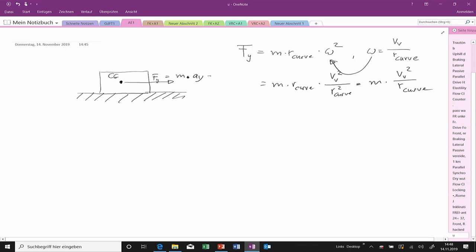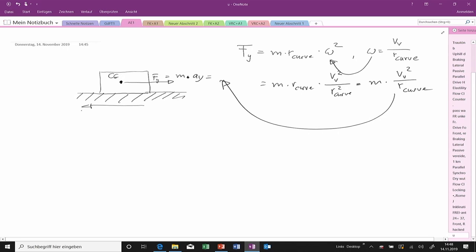So we can also use this expression here. This is one force which is acting on the vehicle, and there's another one which acts in the opposite direction, with the same magnitude but opposite direction.